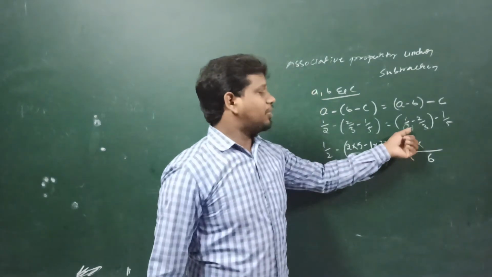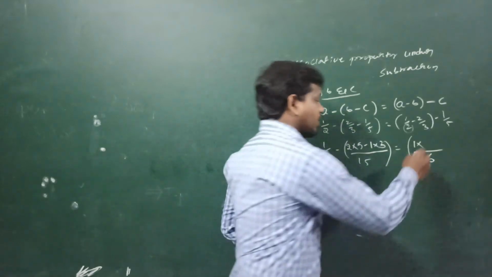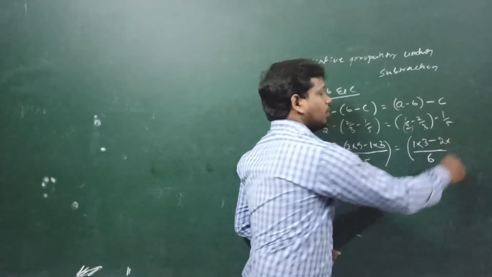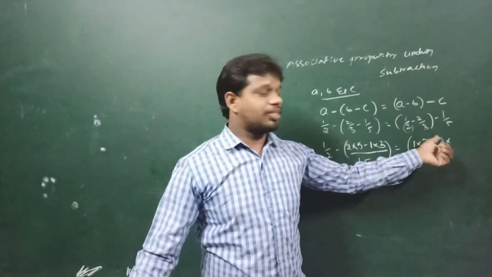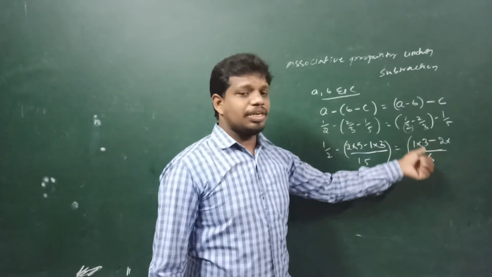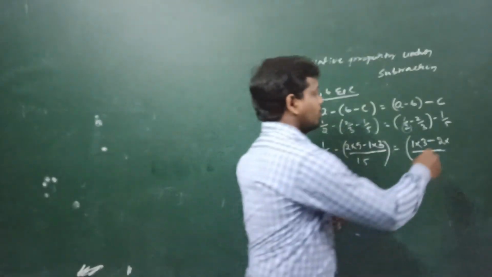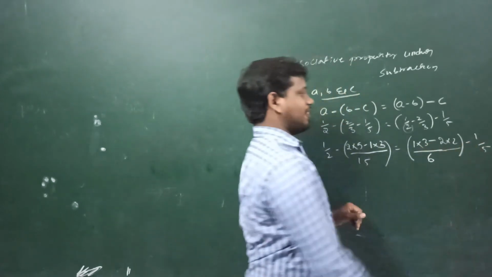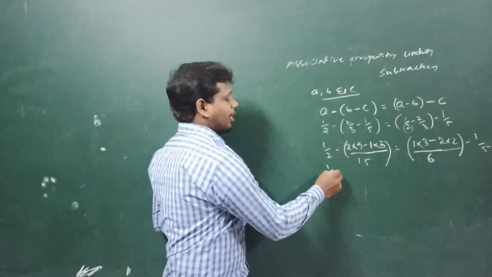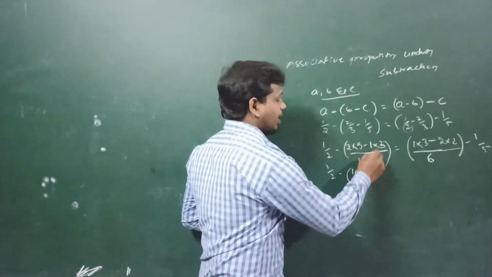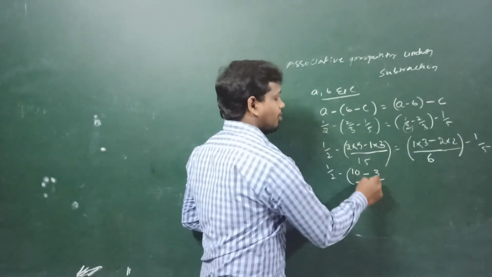In the 2 table when will you get 6? 3. Multiply numerator with 3. And here numerator is 2 and denominator is 3. In the 3 table when will you get 6? 2. Then minus 1 by 5, write as is.